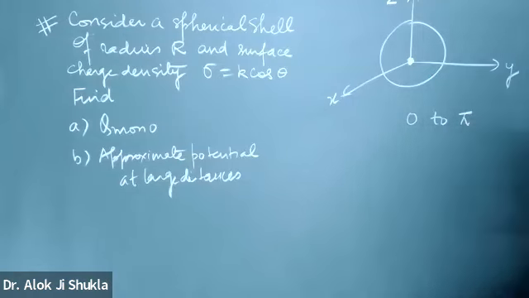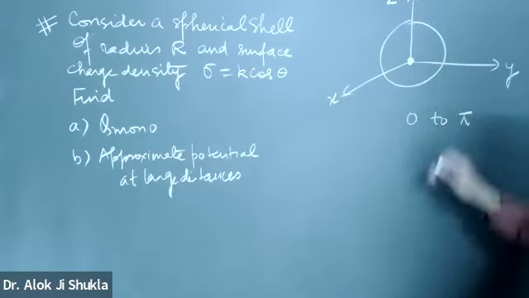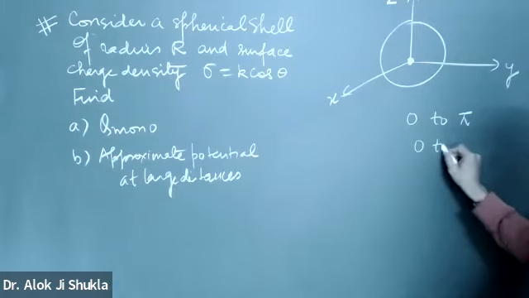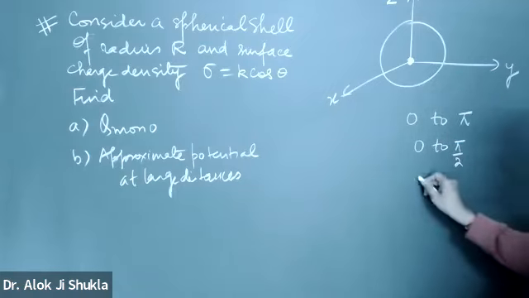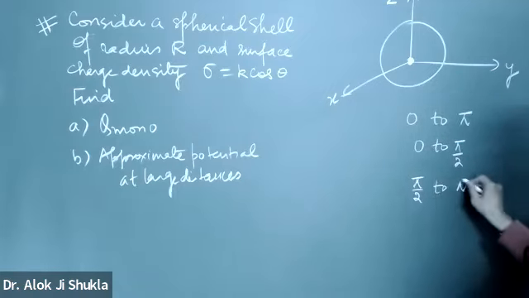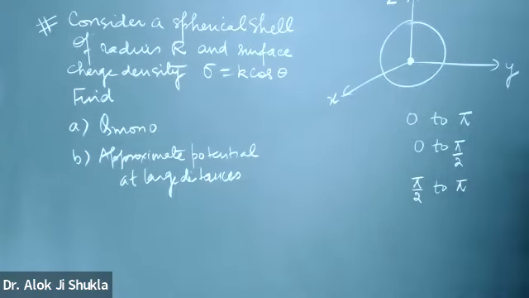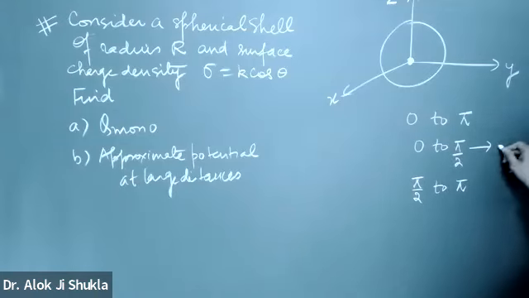Please understand this. So the upper hemisphere covers from 0 to pi by 2. You understand this, everybody? And the lower hemisphere is for pi by 2 to pi. So up to pi, whole of the sphere is covered, right? So from 0 to pi by 2, the value of cos is positive.